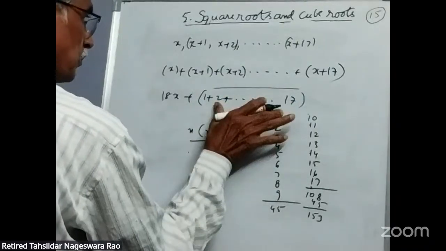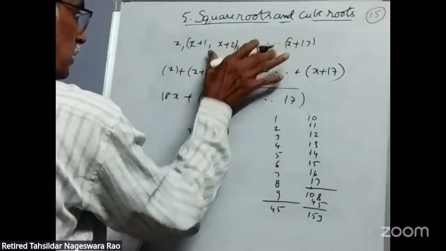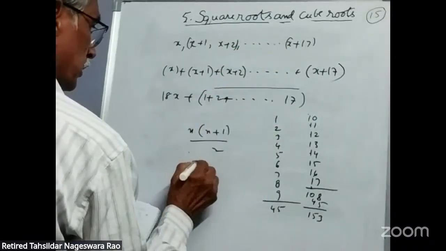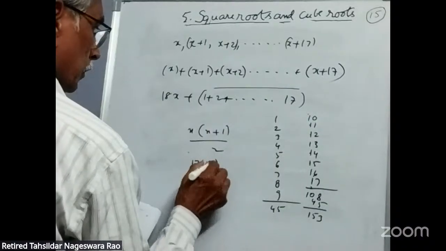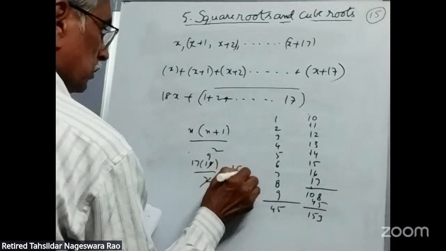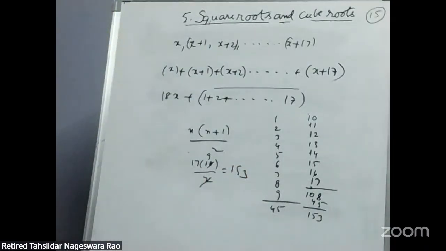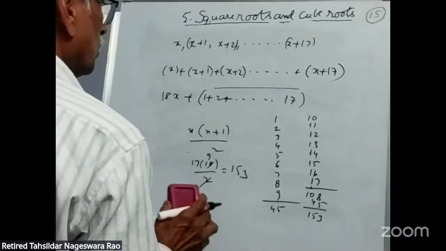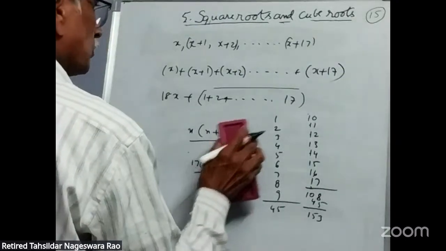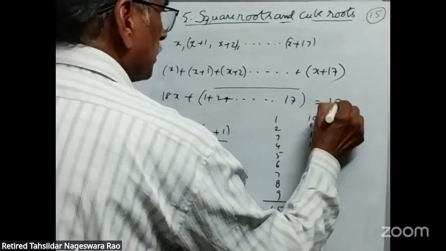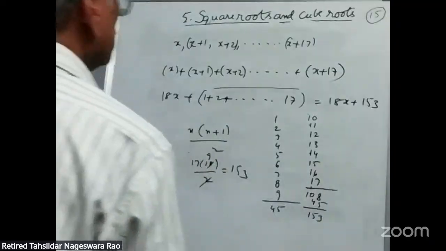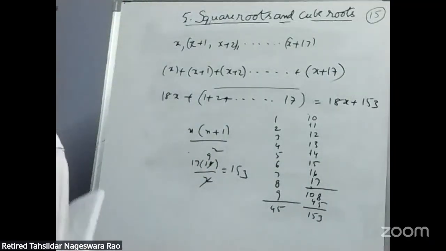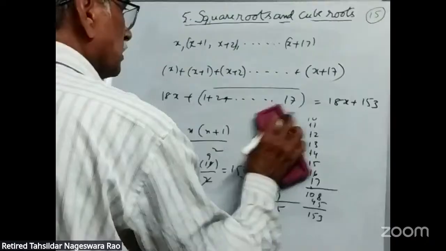Only 17 numbers here, of course 18 in the original. 17 into 17 plus 1, which is 18, by 2, 9 times, is 153. The formula also applies; simple addition we can also do. Whatever it may be, we get 18x plus 153 as the sum. What are the possible values of x?